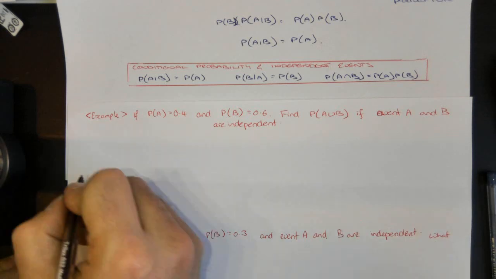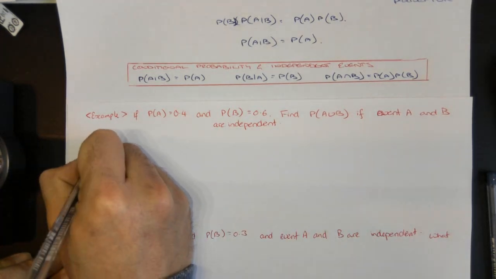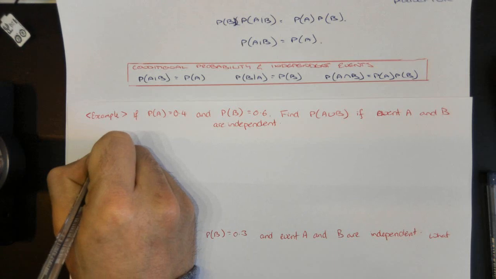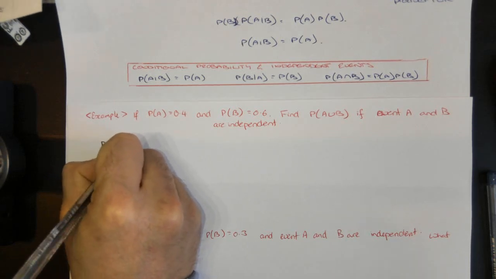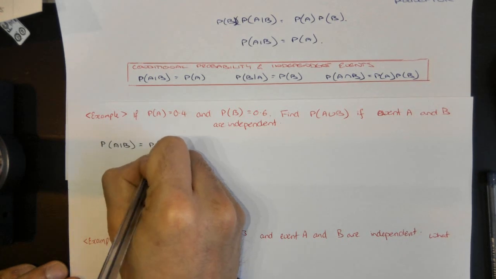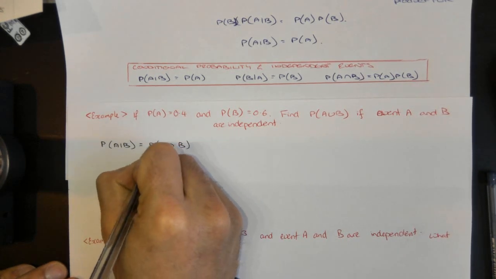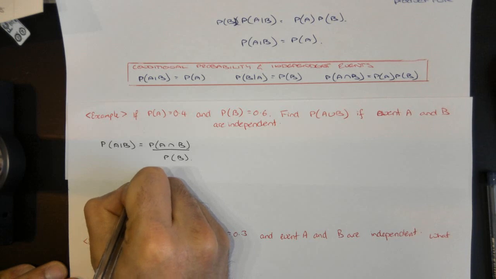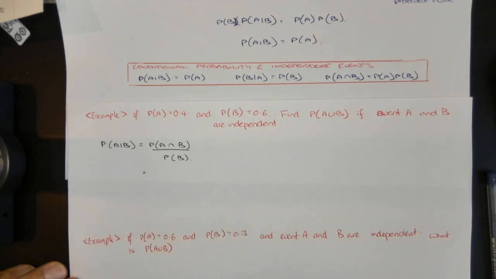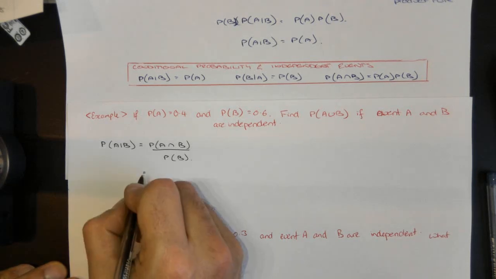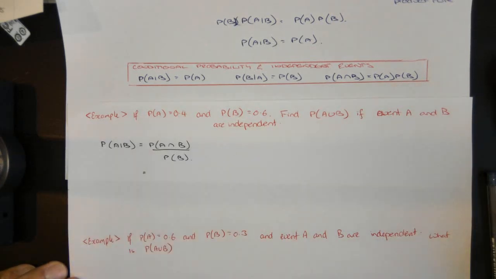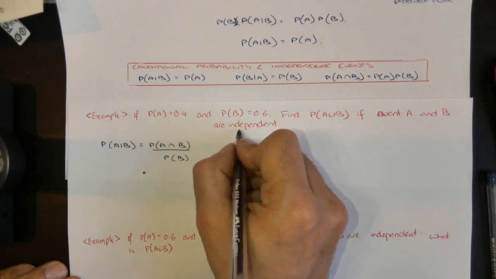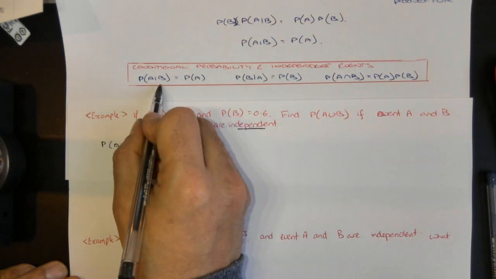Okay, so if they are independent, we note that the probability of A given B is the probability of A and B over the probability of B. Which means that because it states that the events are independent, we could use this situation.